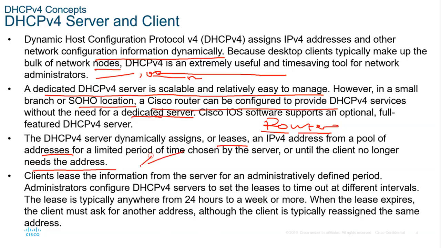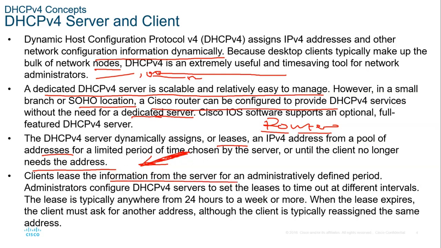Once the IP address is assigned to the device, it can be used until it expires, or when the device no longer needs it. If you're no longer part of the network, then that IP address can be pulled and then assigned to another device.